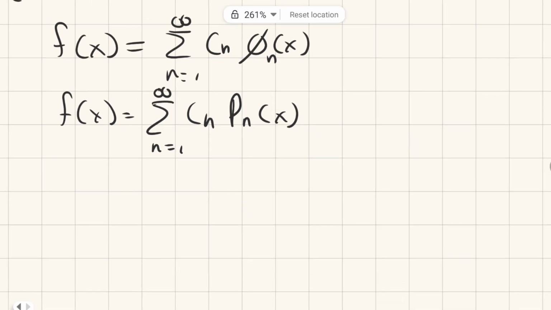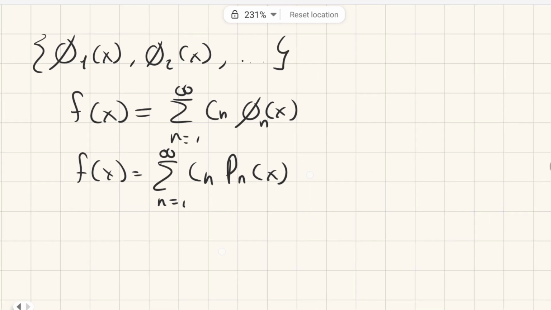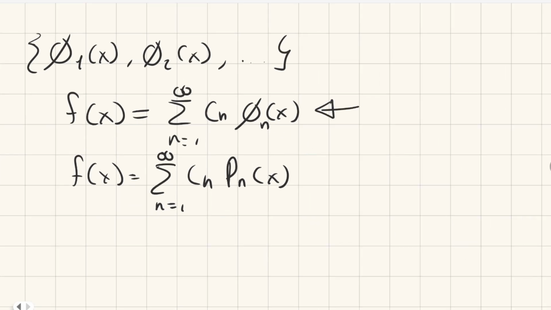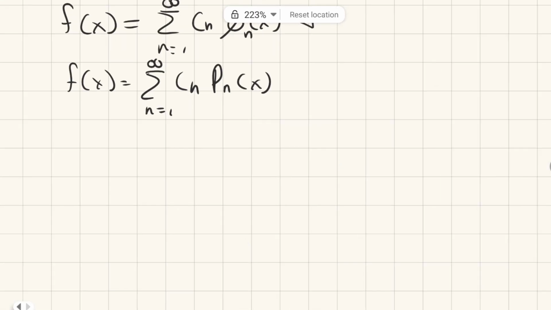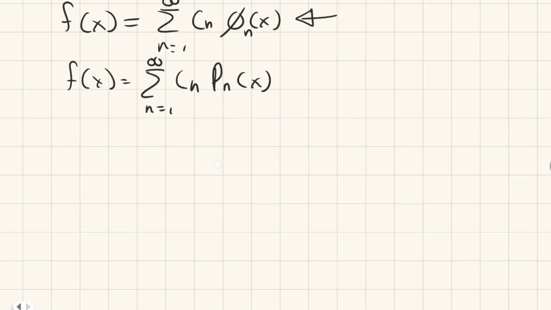But in that same lesson where we showed this, we gave a formula to find the coefficients c sub n. We got to the result that the coefficient of the infinite sum is equal to the inner product between f of x and the orthogonal function that corresponds to the n coefficient.